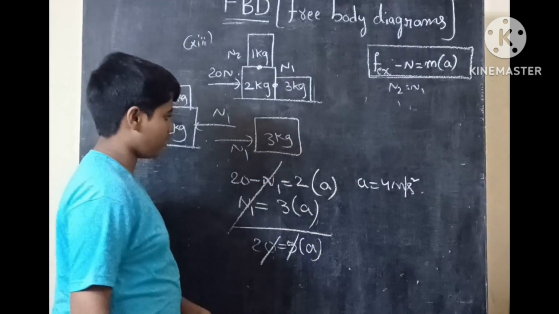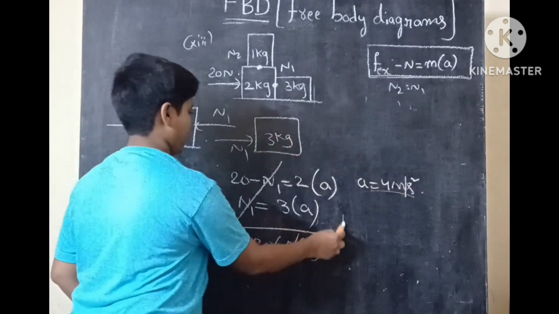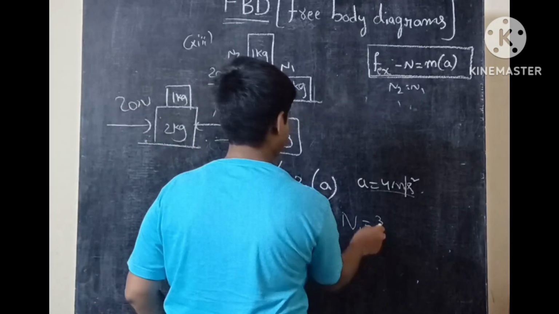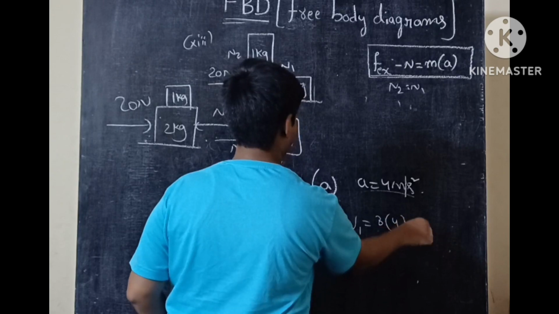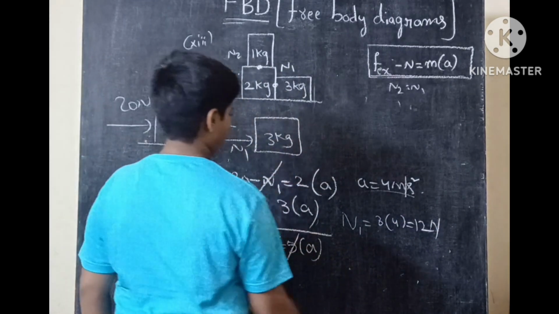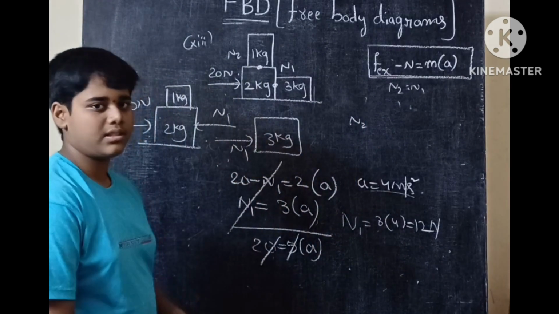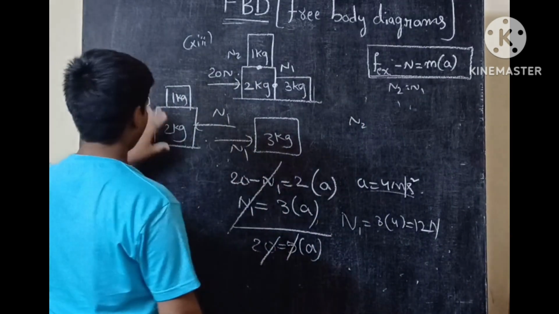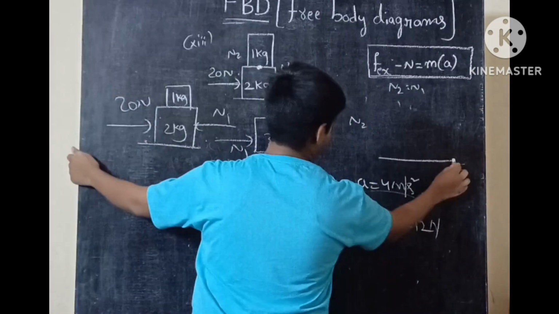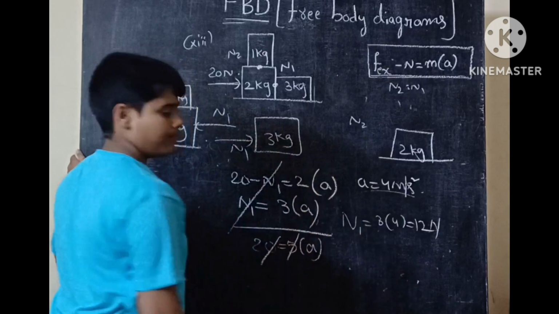So as usual we have got the acceleration. So N1 is equal to 3 into 4, which is 12 newtons. And how to find the N2 value? This is one of the doubts. We already learned that first we isolate the bodies.